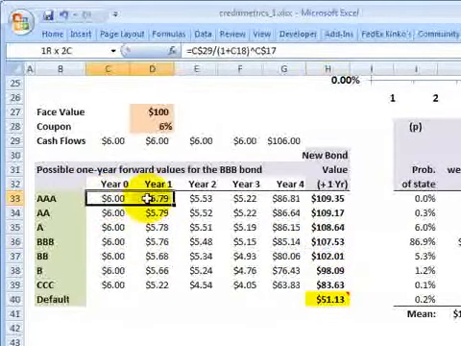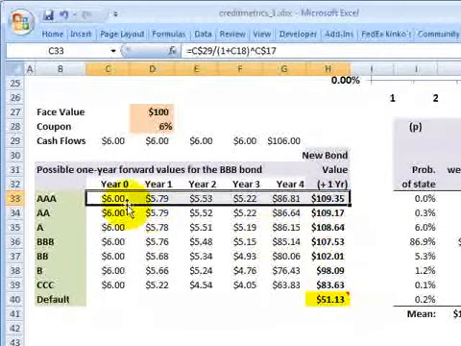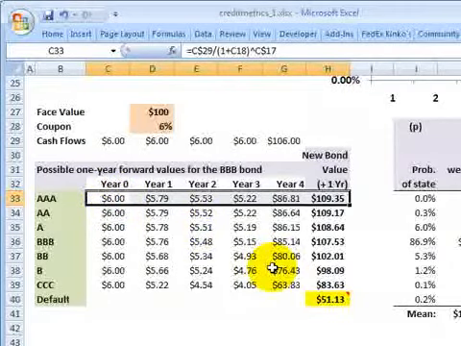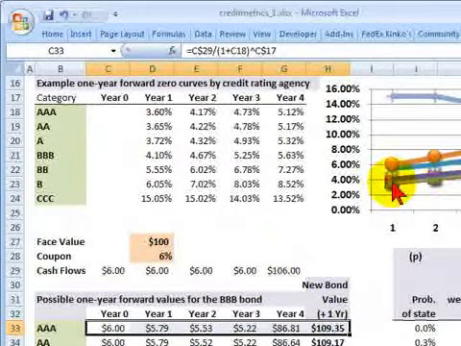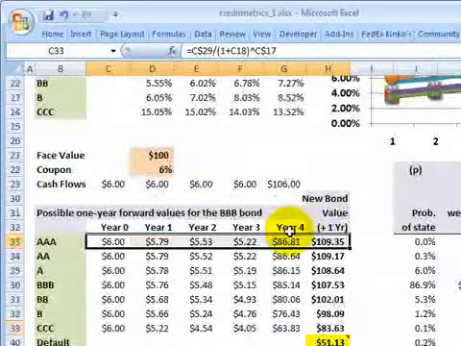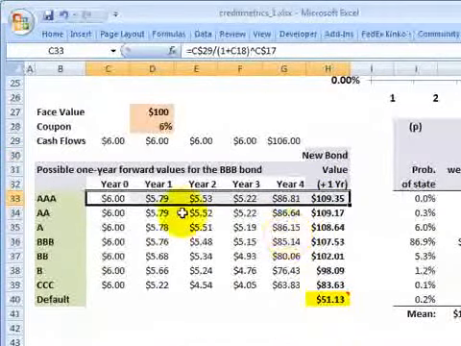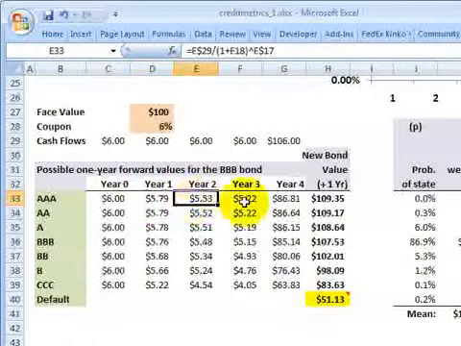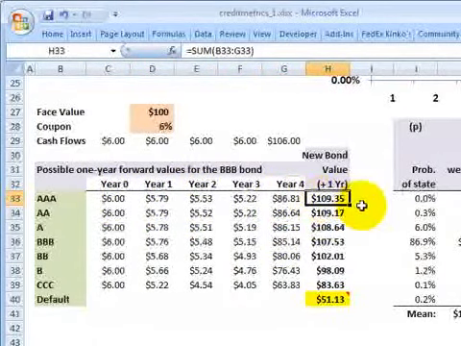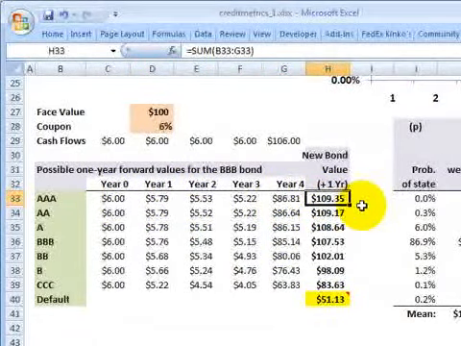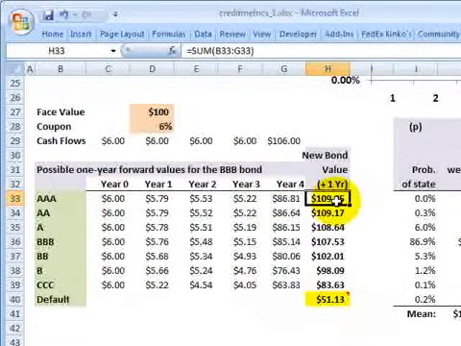And if we go up here, for example, to the AAA, remember that forward curve for the AAA is right here. It's the one here at the bottom with the highest credit quality, and so it's going to have the lowest discount rates and produce the highest present value or sum of present value of the cash flows.